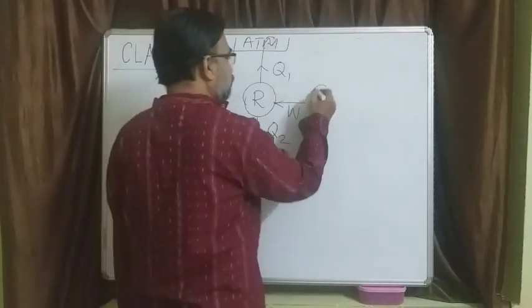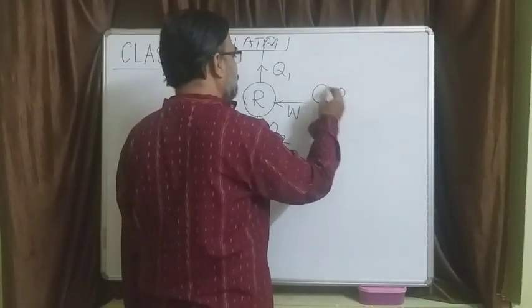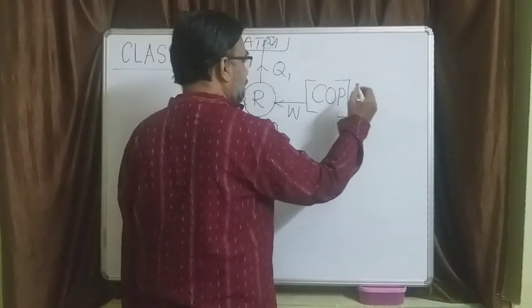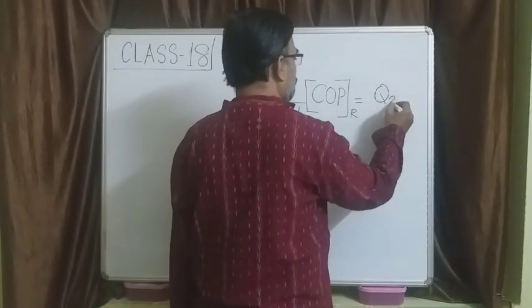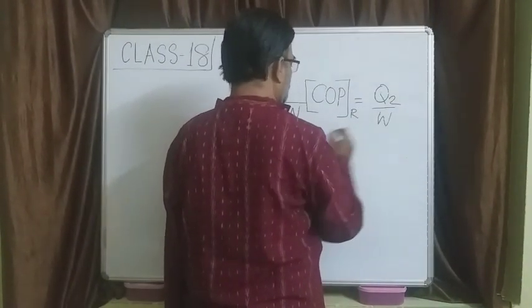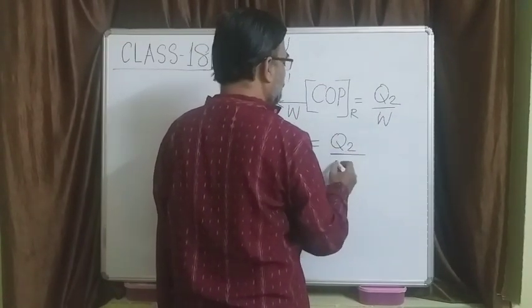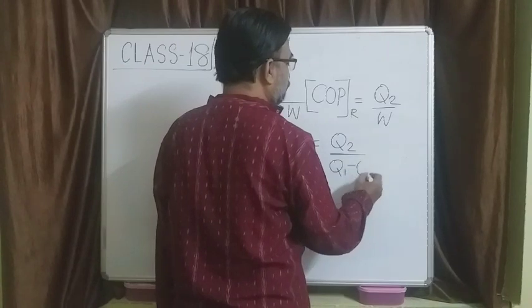And the COP of this refrigerator, had it been an ordinary refrigerator, it would have been Q2 by W, or that is equal to Q2 by Q1 minus Q2.